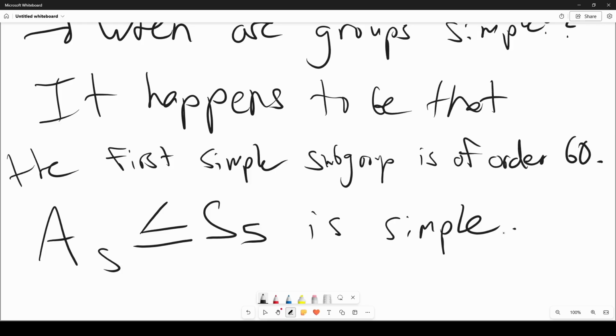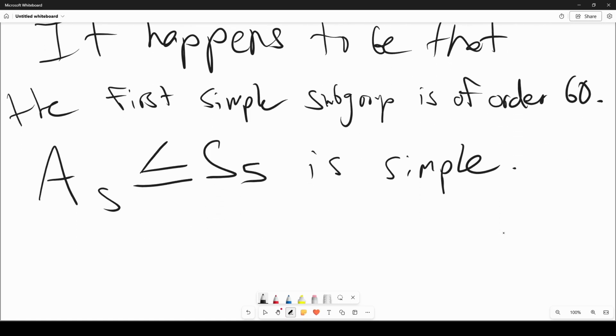This is a very cool realization, and it's helpful for many of the proofs now. If G is less than order 60, then it has to not be simple. But that probably won't fly if you're supposed to use the Sylow theorems.